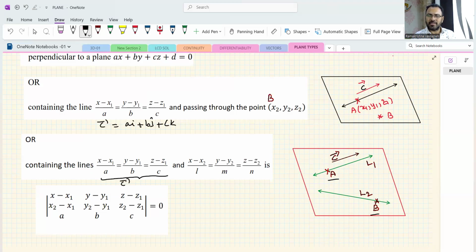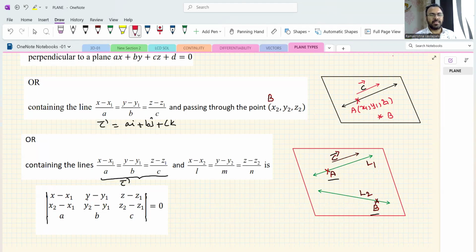For all these, the determinant of x minus x1, y minus y1, z minus z1. So the first row is nothing but r bar minus a bar. Second row is nothing but b bar minus a bar. Third row is nothing but the c bar vector.